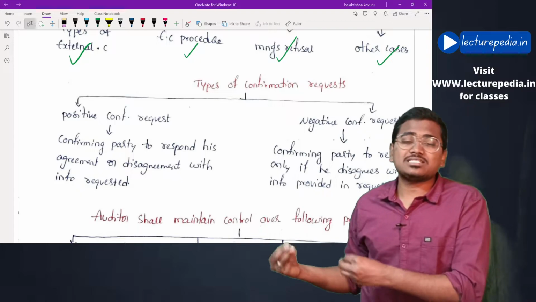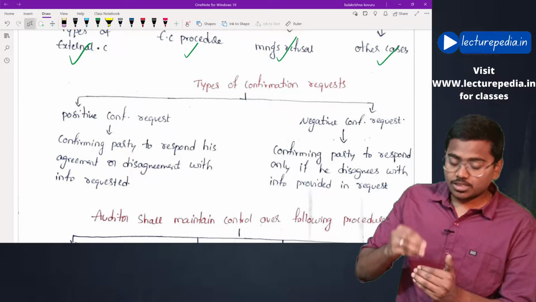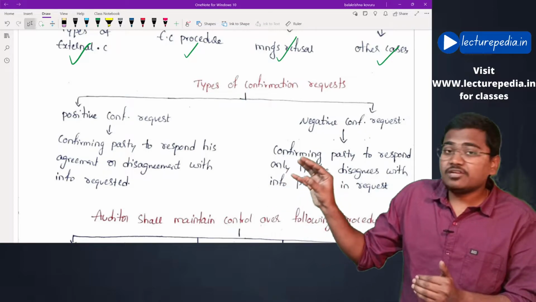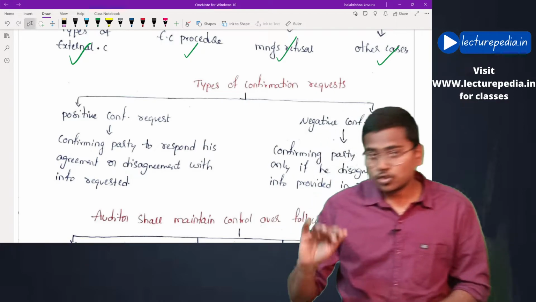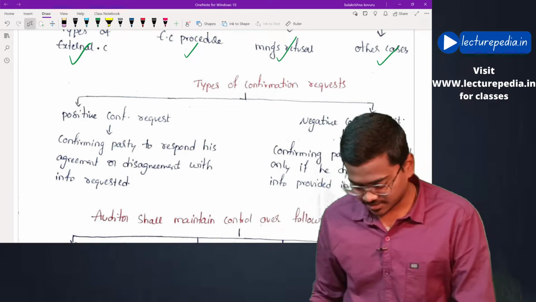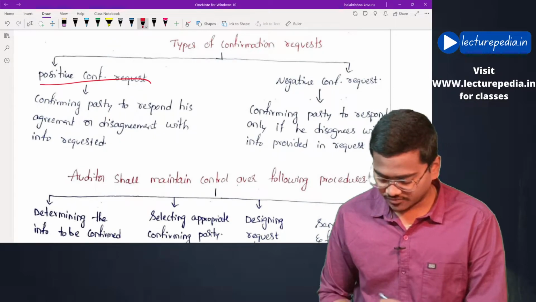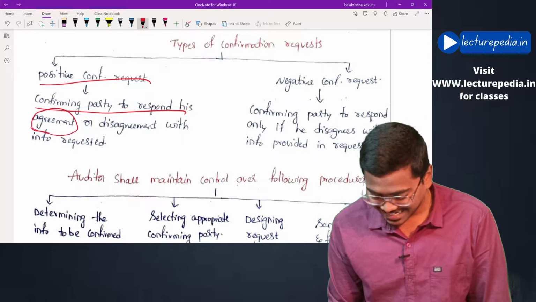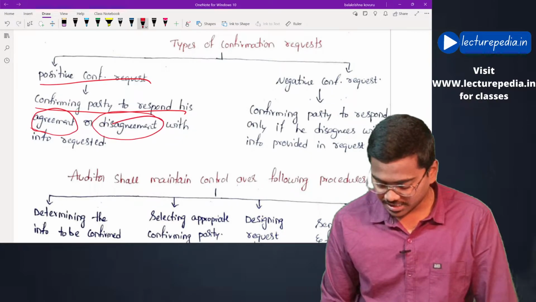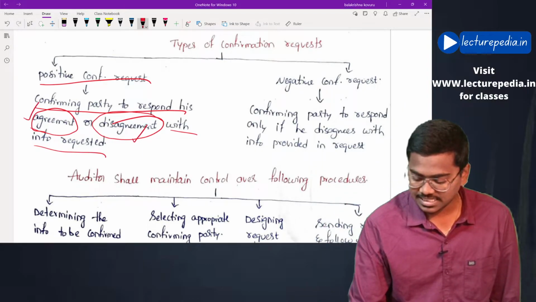This is called a negative confirmation request, wherein the third party has to respond only if he disagrees with the information. Hope this is clear. These are the 2 types of external confirmation request. First one, positive confirmation request: the confirming party has to respond with his agreement or disagreement with the information requested. In both the cases he has to respond.